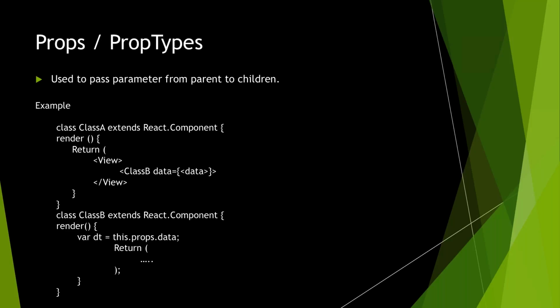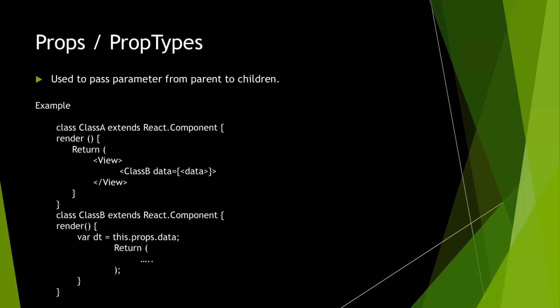So props, as you can see on the screen, is basically me passing certain data to a component. How you normally pass your functions or values inside a function. So I have a function called add my values. I say this dot add my values and I pass two values, a comma b, right?